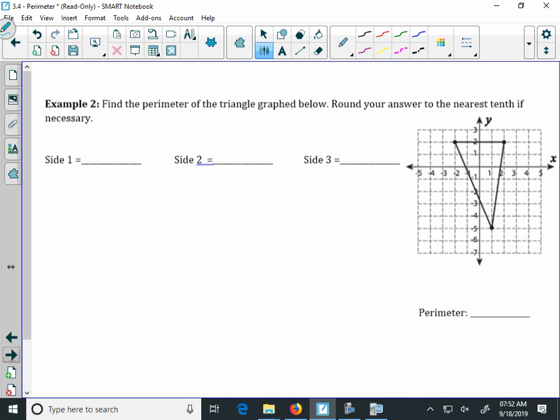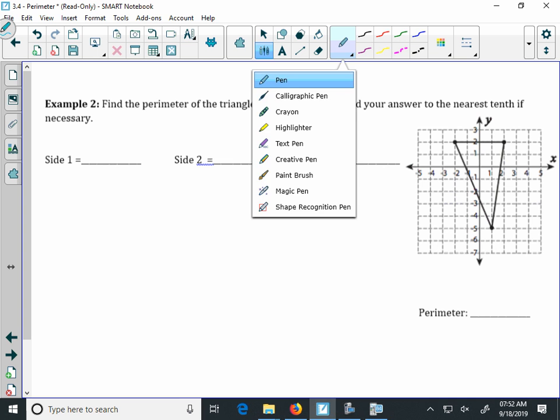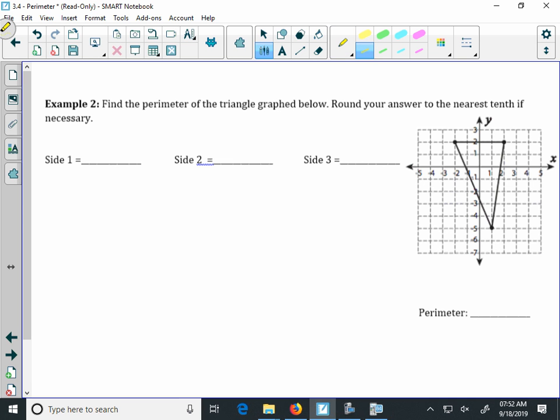Whenever we're trying to find length in the coordinate plane, we use the Pythagorean theorem. So if we want to find the length of this yellow side right here, you just make a right triangle with that side. The side you're trying to find is your C. And then it doesn't matter, make one of the legs A and one of the legs B.